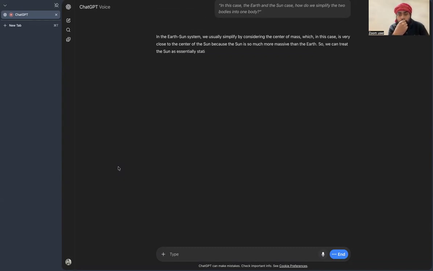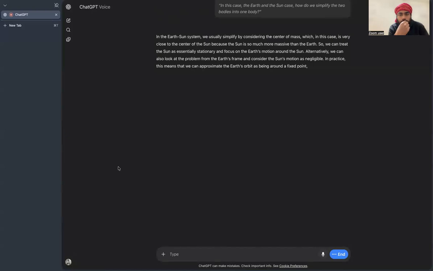So we can treat the Sun as essentially stationary and focus on the Earth's motion around the Sun. Alternatively, we can also look at the problem from the Earth's frame and consider the Sun's motion as negligible. In practice, this means that we can approximate the Earth's orbit as being around a fixed point, and that makes the math and the understanding a lot simpler. Essentially, we're reducing the complexity by focusing on one body's motion relative to the other.